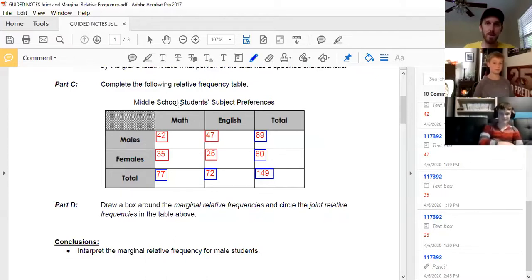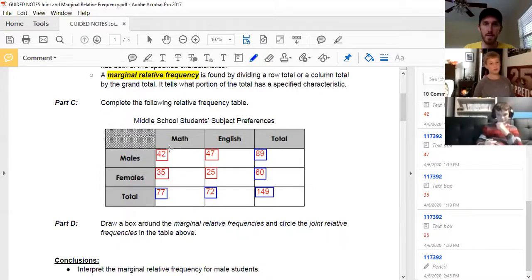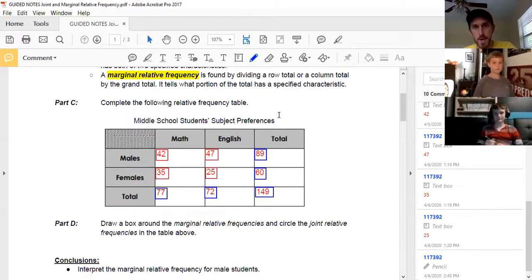What we're going to do is compute the relative frequencies of each of these boxes. I'll do the first one for you, and you'll be like, seriously, it's that easy? In the first box, I have 42 males that prefer math, so my top number is going to be 42.